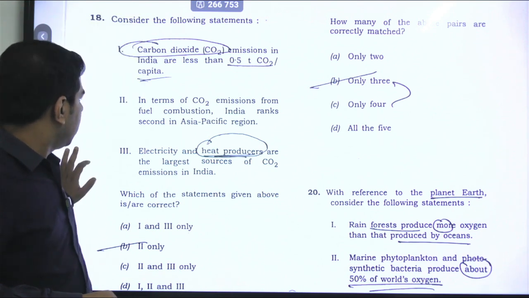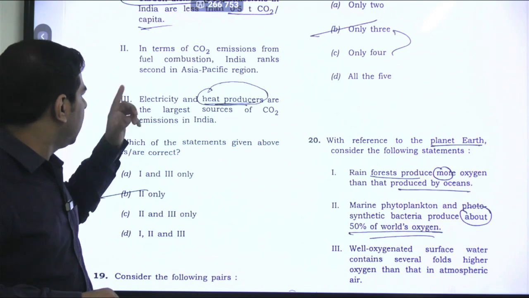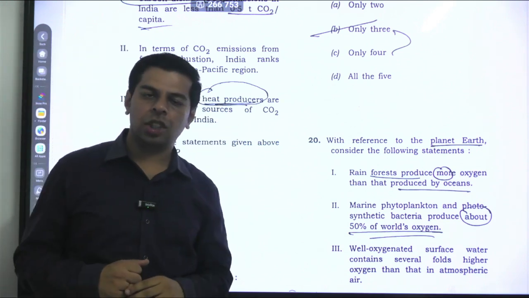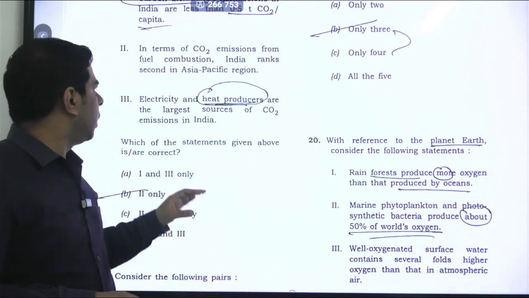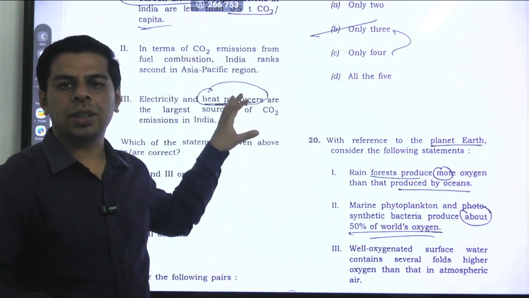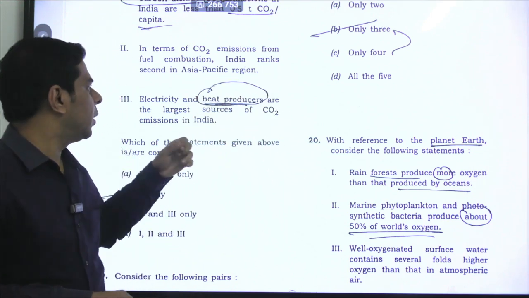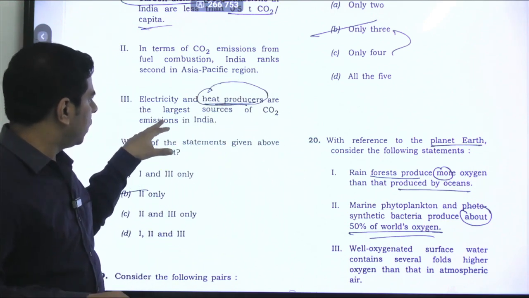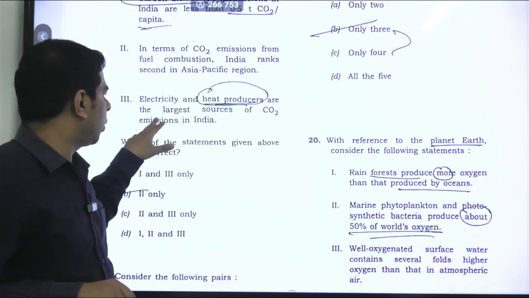Then the second statement says, in terms of carbon dioxide emissions from fuel combustion, India ranks second in the Asia Pacific region. In this case, you need to be a little straightforward. Yes, India is the second biggest emitter in Asia, only behind China. So the second statement is correct. And this one is once again straightforward. Electricity and heat production are the largest sources of carbon dioxide emission.